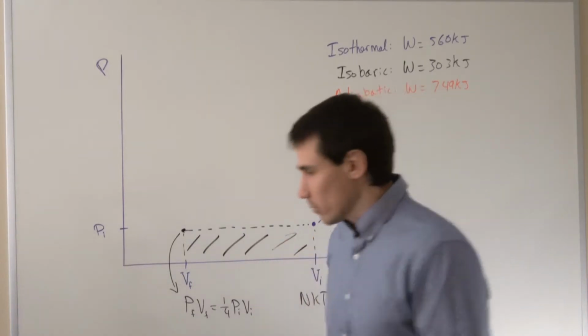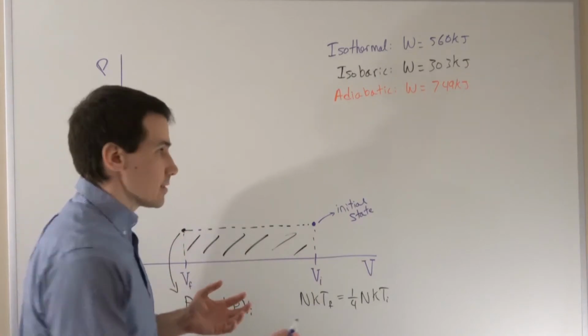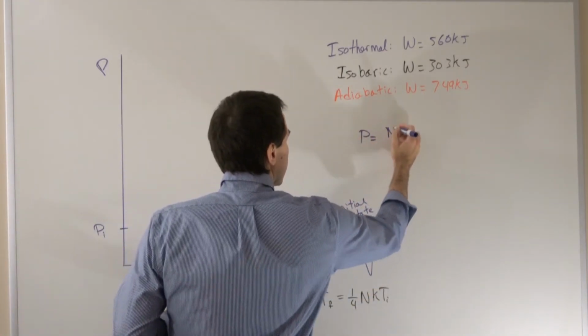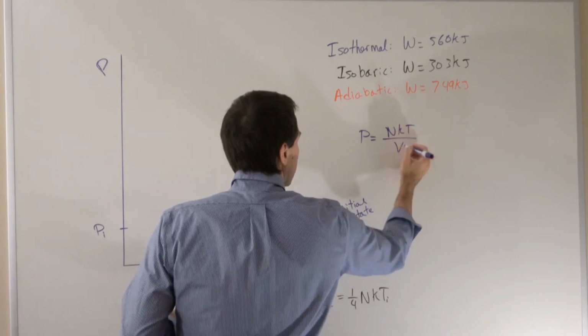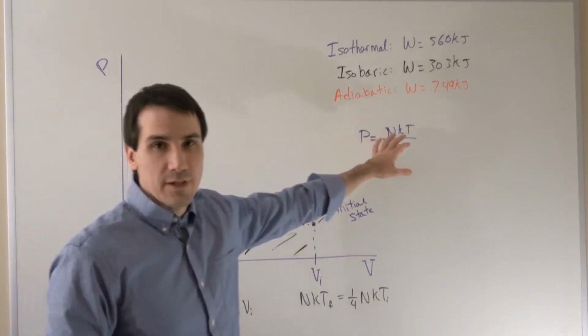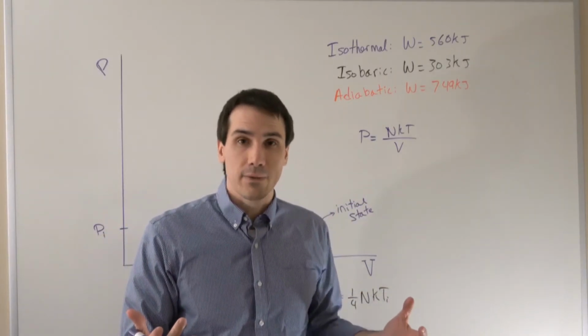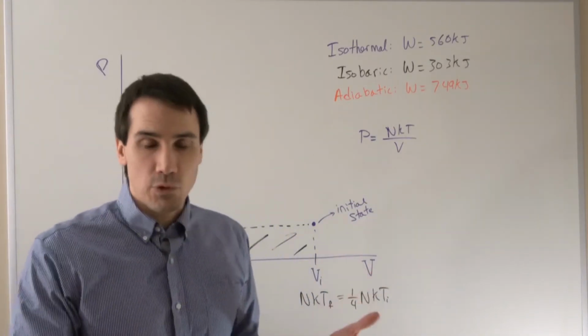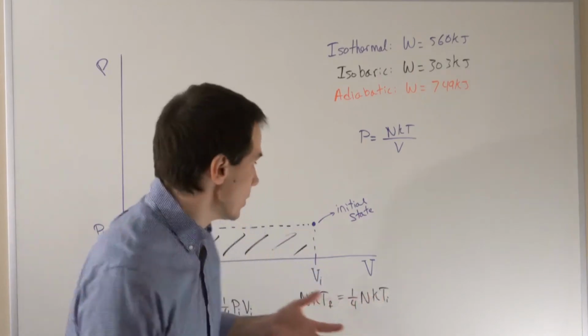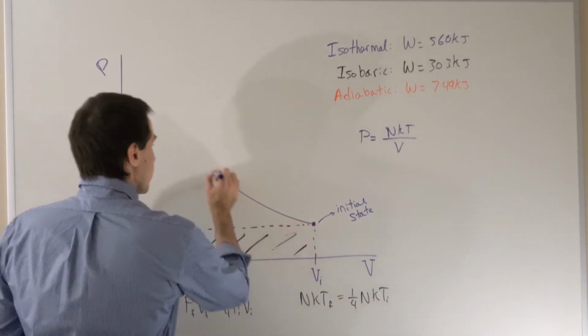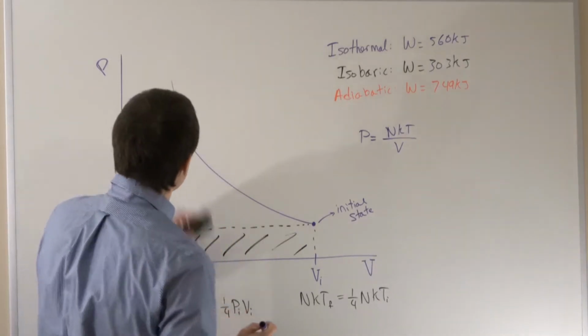In the isothermal case, temperature is constant, so pressure looks like NKT over V. All of the top stuff is constant, so pressure goes like some constant over V, right? This is going to look like a y equals 1 over x kind of a function as our PV diagram, which is going to go something like this.